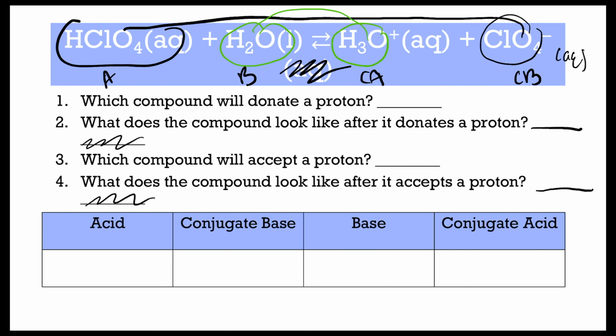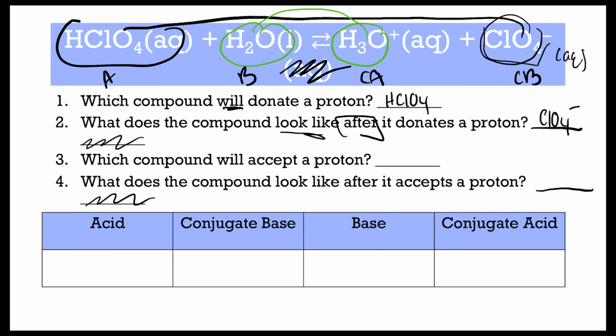Which compound will donate a proton? We said that is what HClO4 does. In order to get to its counterpart on the opposite side, it has to lose or donate that H. And then what will it look like after it donates? ClO4 minus. Once that acid lost that H, that is what it now looks like.